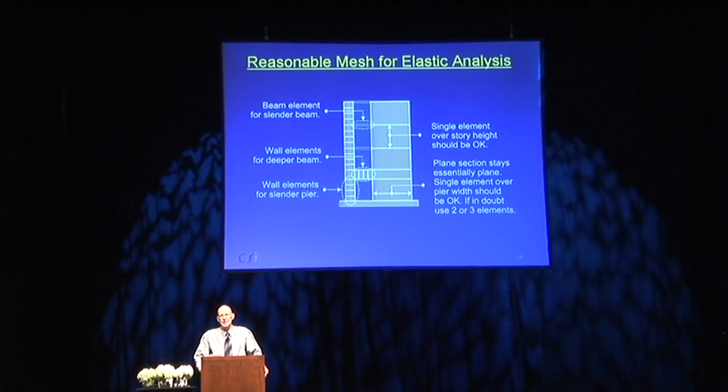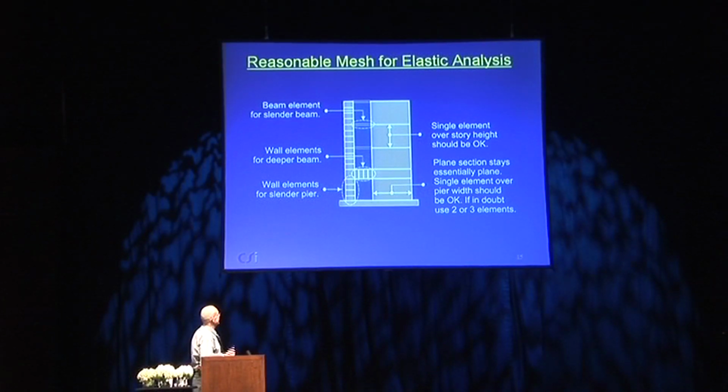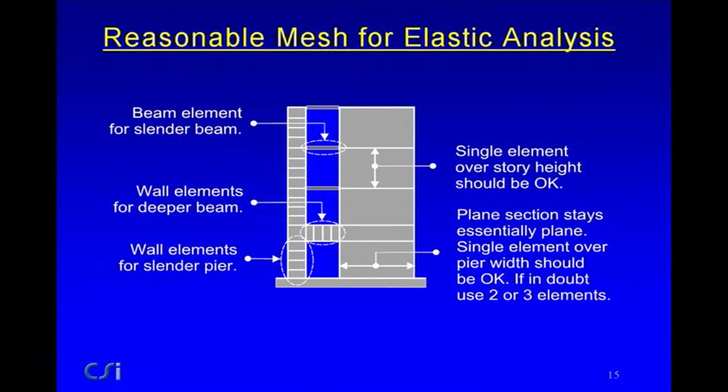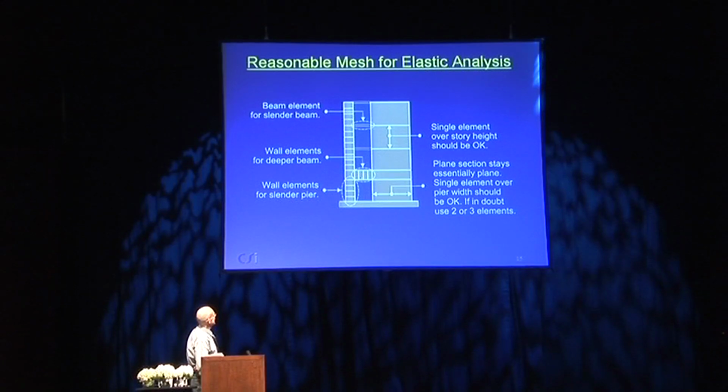So based on this, what might be a reasonable mesh if you're doing an elastic analysis? Here's what I'd say. If you have a slender beam, I would suggest using a beam element. If you have a deeper beam, then you might consider using wall elements and 2 or possibly 4 elements along the length.